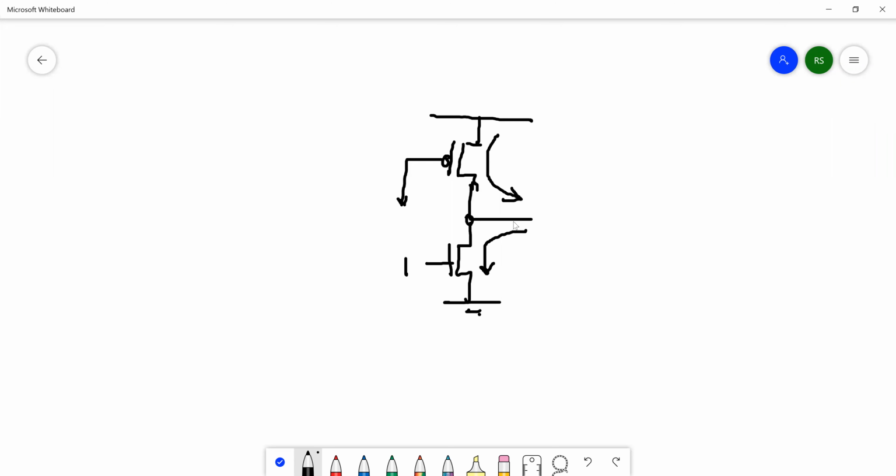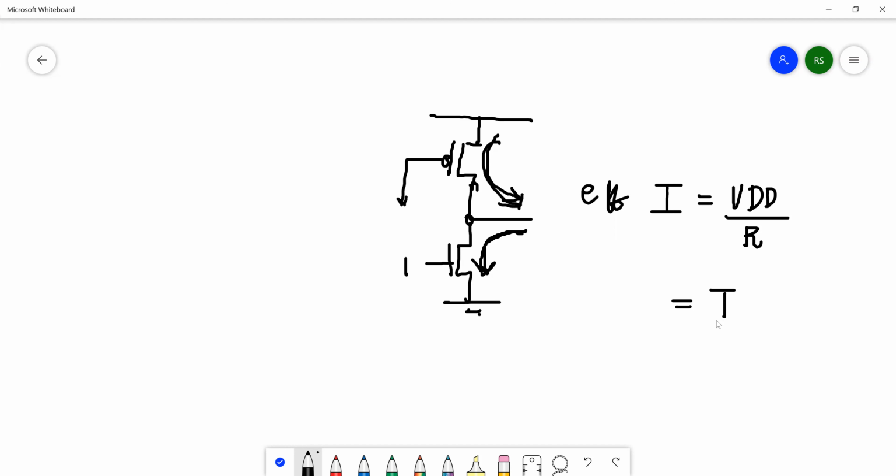So this is trying to raise the output while this is trying to pull the output down. So another condition is the effective current that is used to pull down, which is the difference. This current is to pull down, this current is pulling it up.